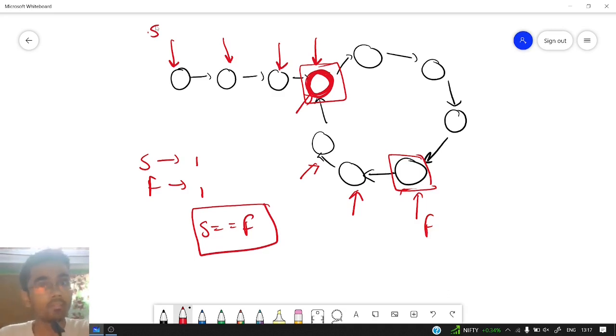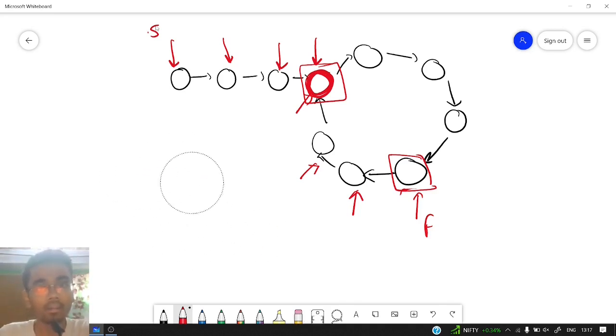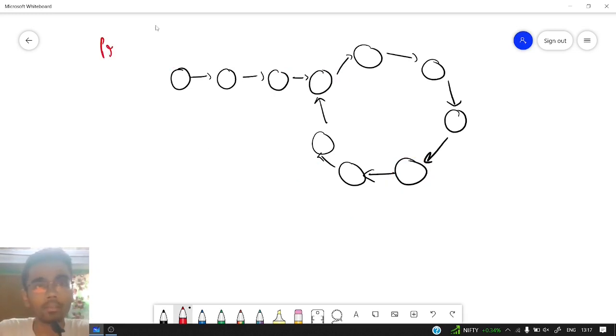So this algorithm works. Now how and why this algorithm works, there is a mathematical proof behind it, and we will see this mathematical proof now. First of all, let us name some lengths or distances. Let us name this distance as x.